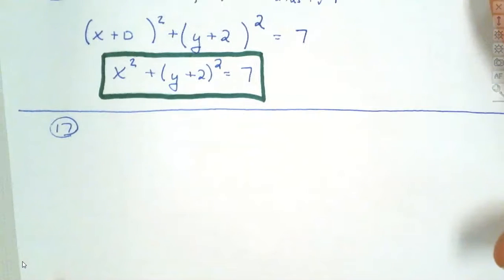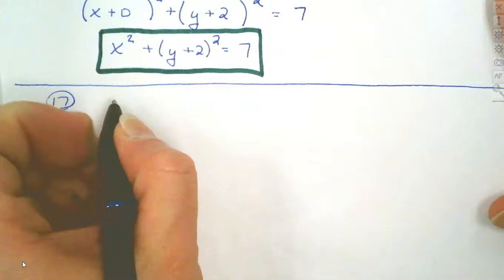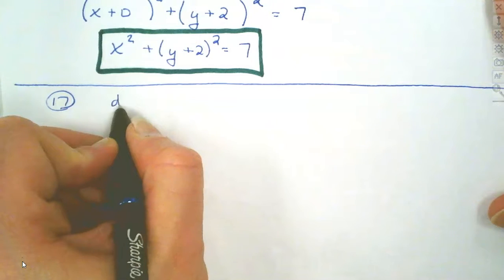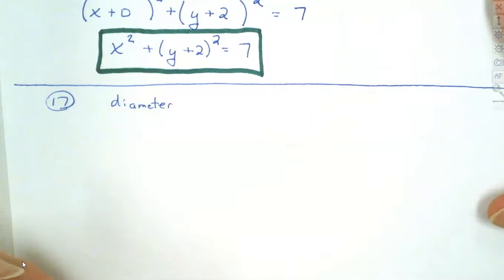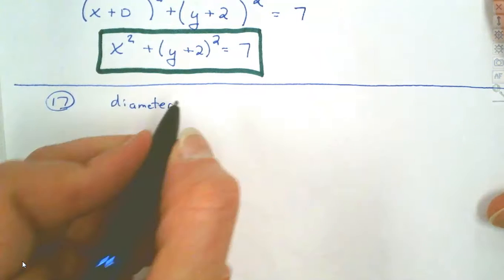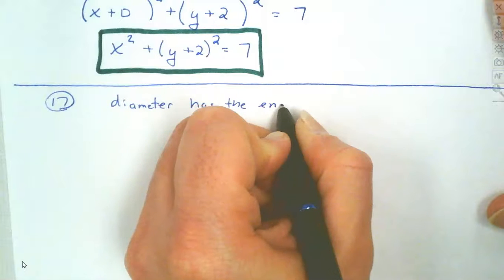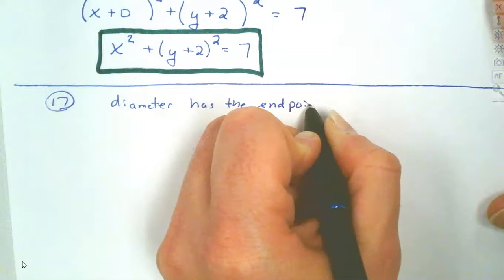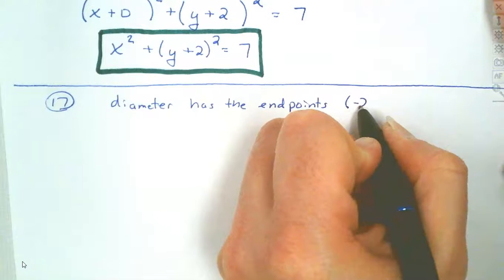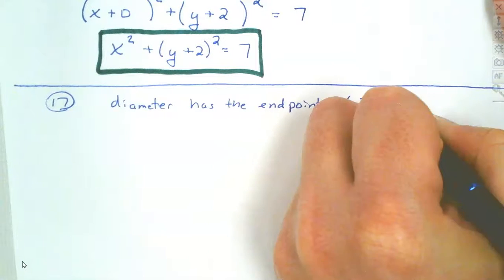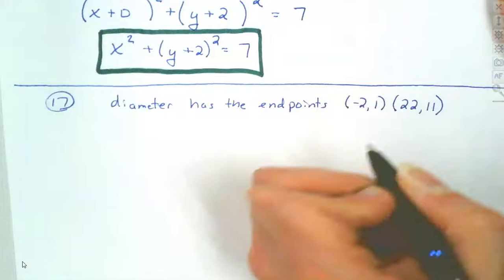This one is kind of new. But for 17, we've got the diameter of a circle. The diameter of the circle has the endpoints (-2, 1) and (22, 11).